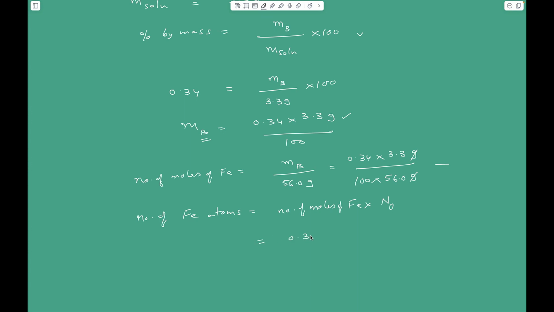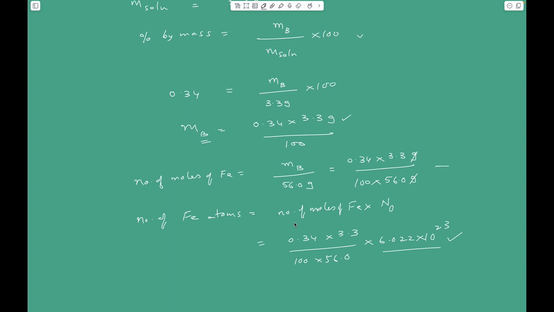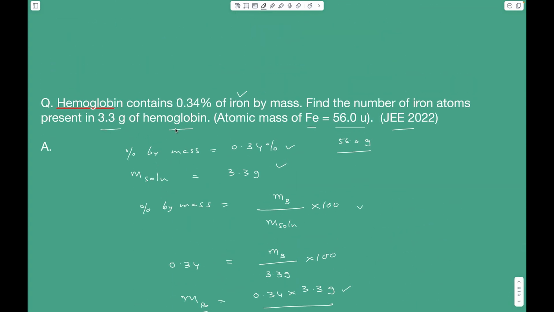So it will be 0.34 times 3.3 over 100 multiplied with 56.0, and multiply this whole thing with 6.022 into 10 to the power 23. This is the approximate value of Avogadro's number. So this is the number of iron atoms present in 3.3 grams of hemoglobin if it contained 0.34% of iron by mass.